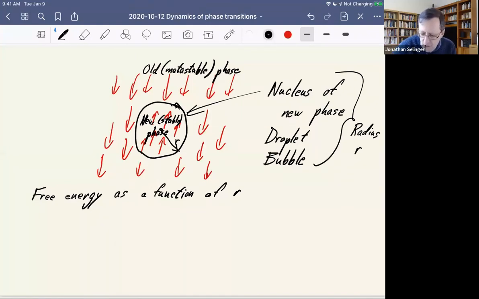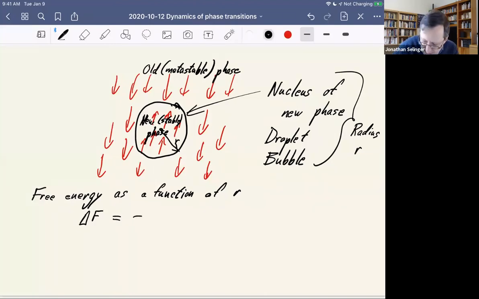Okay, so it makes a change which is proportional to the volume of the nucleus. Okay, so it makes a delta F, a change in the total free energy of the whole system, which is going down. So it's negative.